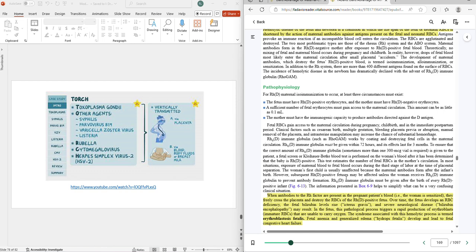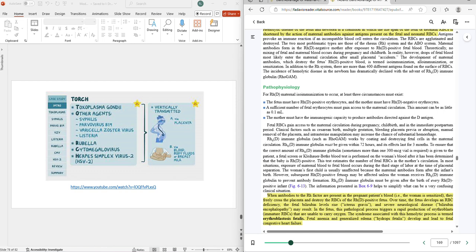Erythroblasts, which we know are what? Immature red blood cells, start to develop, and they just can't keep up with the oxygen that needs to be delivered to the fetus because they're immature, okay? You have fetal anemia, generalized anemia, which is hydrops fetalis, and it can lead to fetal congestive heart failure.